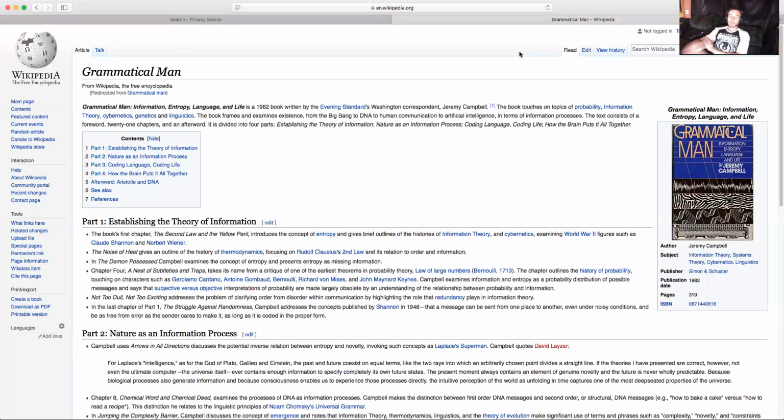Before we go on, I wanted to share a reference that a lot of the people that work on this subject, well, no longer a theory, use as a good reference. There's a 1982 book called The Grammatical Man: Information, Entropy, Language, and Life.